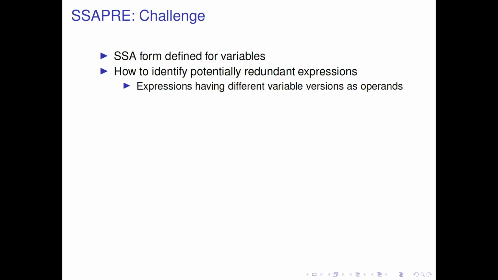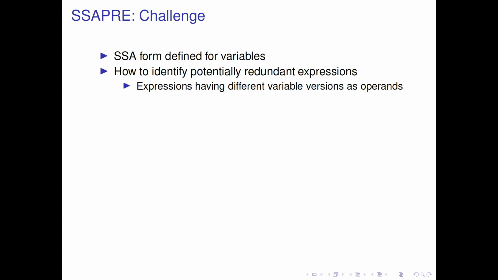Now why is it a challenge? Because it may happen that on one path you have A1 plus B2, on another path you have A5 plus B3, and there is no computation of A plus B after this. Then you have to introduce a phi function for A, a phi function for B, and there exists some computation of A plus B here.